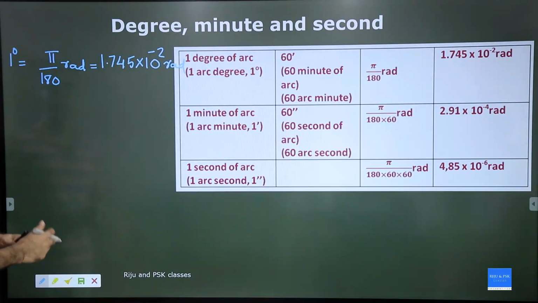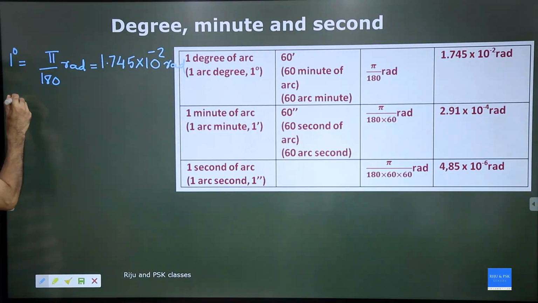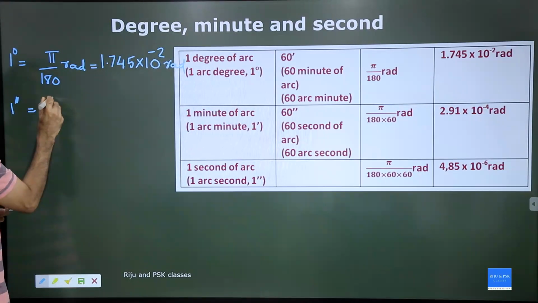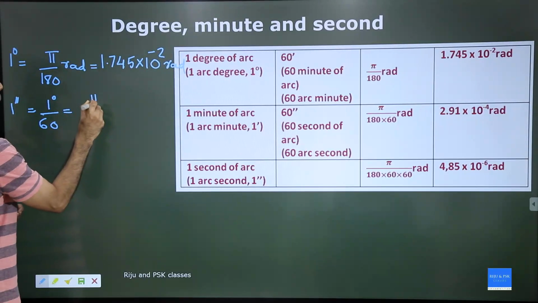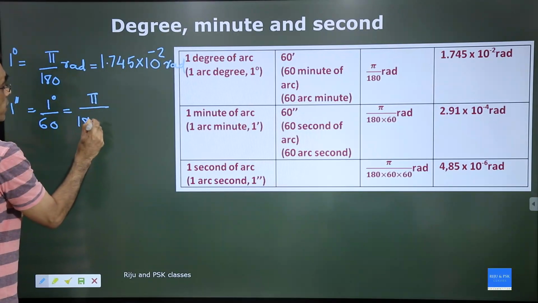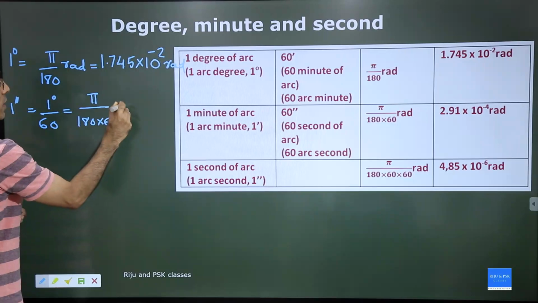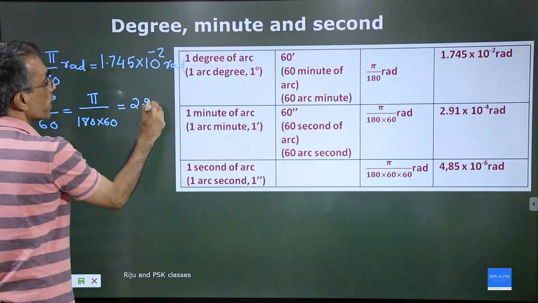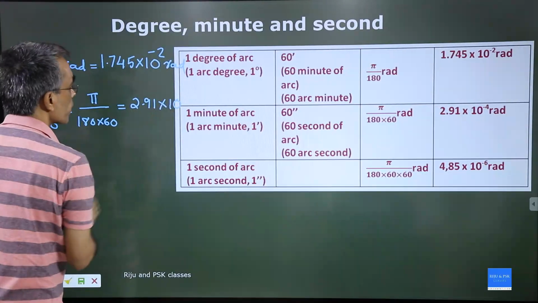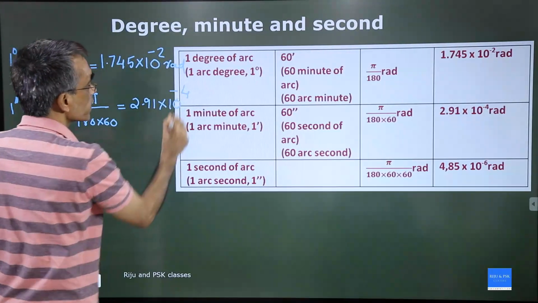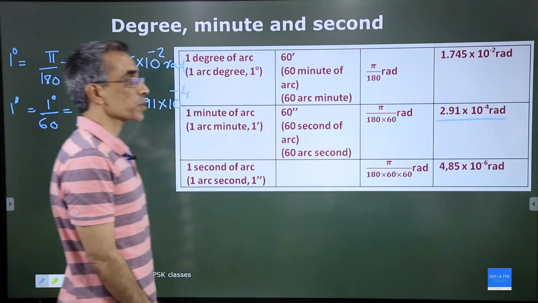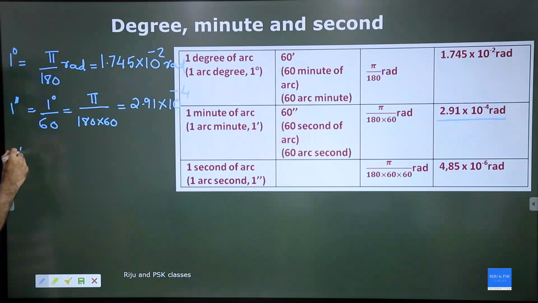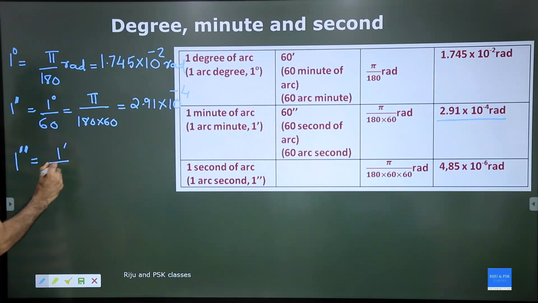This is 1 degree. Now if you want 1 minute, it is 1 degree divided by 60. So this will give you pi by 180 into 60, and this will give you 2.91 into 10 to the power minus 4. 2.91 into 10 raised to minus 4. Now 1 arc second will give you 1 minute by 60.